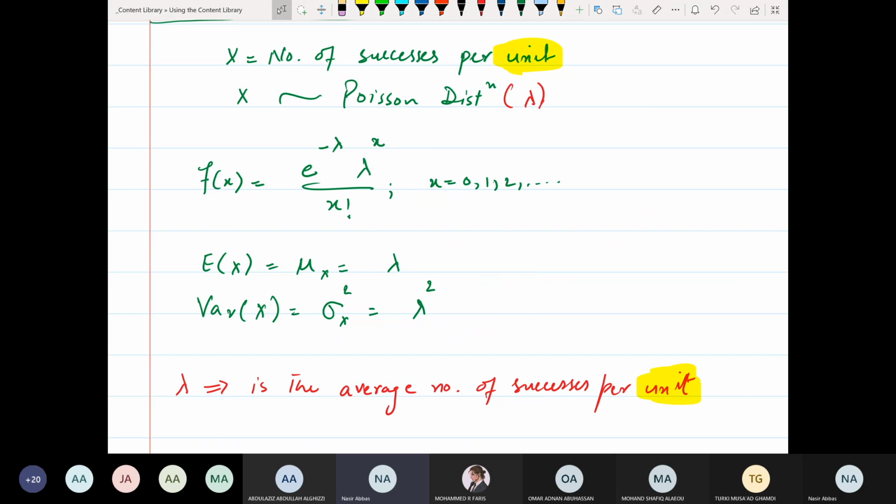The only thing you have to make sure is that the unit of lambda and the unit of X are the same. Because sometimes we provide you a lambda in a different unit and ask you the question in a different unit. So in that case, you should convert either lambda to the same units of X or X to the same units of lambda. And I will get to that one.